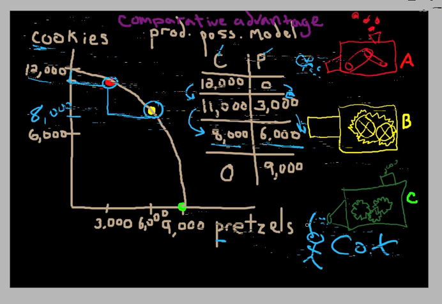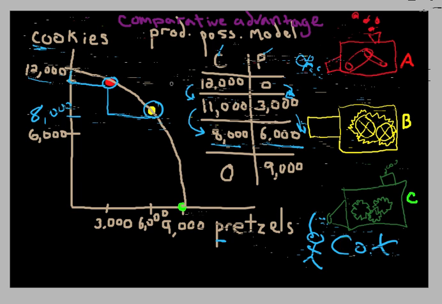What does he mean by comparative advantage? What's going on? What he means is that machine A loses 1,000 cookies. The opportunity cost for machine A of increasing production to 3,000 pretzels is the 1,000 cookies he loses. Maybe you saw my other production possibilities discussion about increasing opportunity costs.